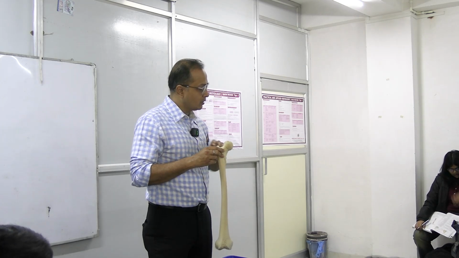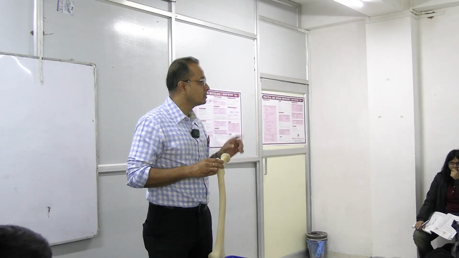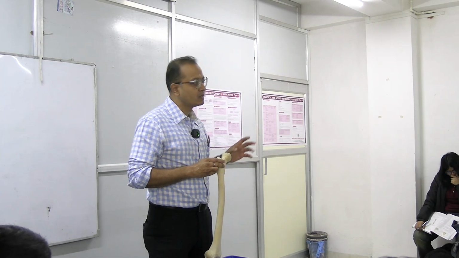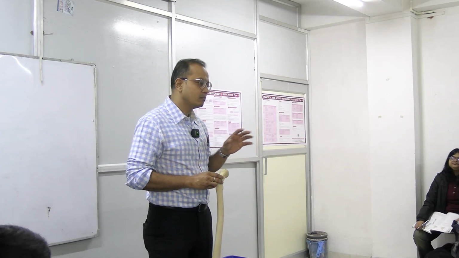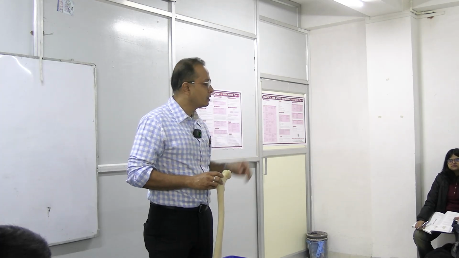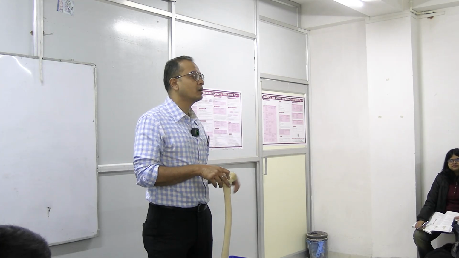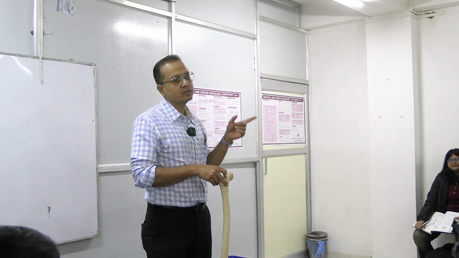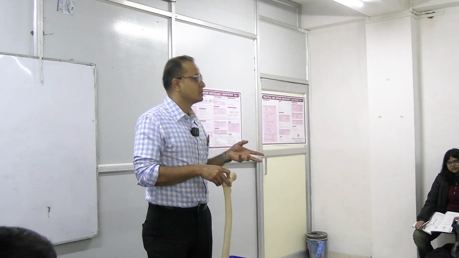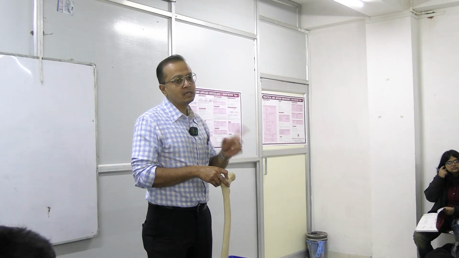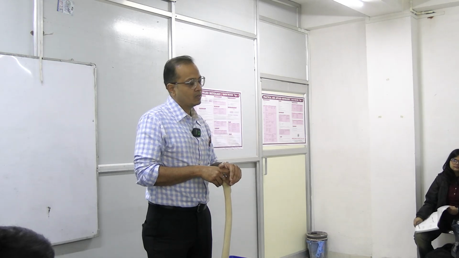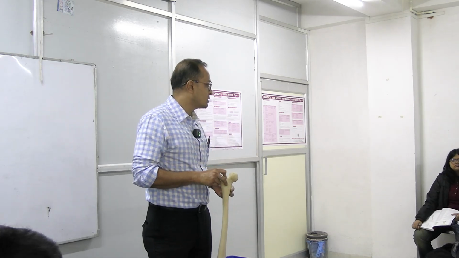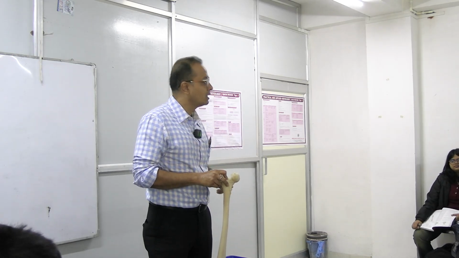Likewise, the lesser trochanter gives attachment to two muscles. One attaches on the base, another on the tip, but we do not categorize it as base or tip. On this lesser trochanter we have muscle attachment, we call them iliacus and psoas. Together we call them iliopsoas. So, iliopsoas is attached on the lesser trochanter.